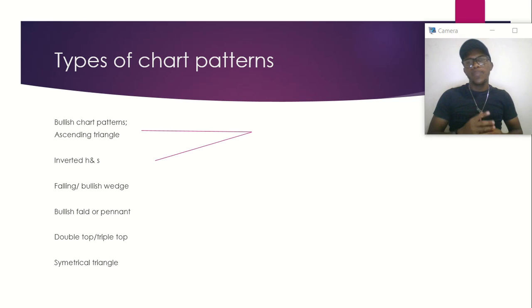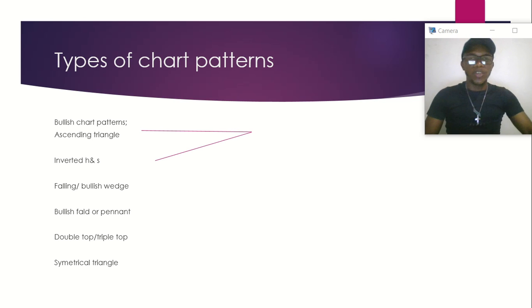So we have what we call the bullish chart patterns, which are the ascending triangle, the inverted head and shoulders pattern, the falling or bullish wedge, and the bullish flag or pennant. We also have the double top or triple top, and the symmetrical triangle.